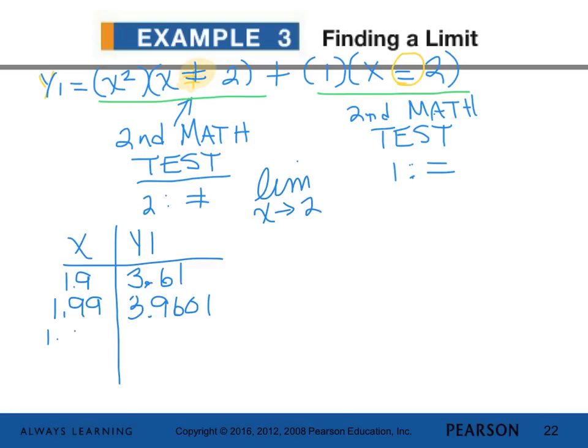So then we'll try 1.999, which again is closer to 2, but not equal to 2, so we'll use the x squared rule, and we will get 3.996, and then again 1.9999, and that will give us 3.9996. But if we enter the number 2, the answer it's going to give us is 1.